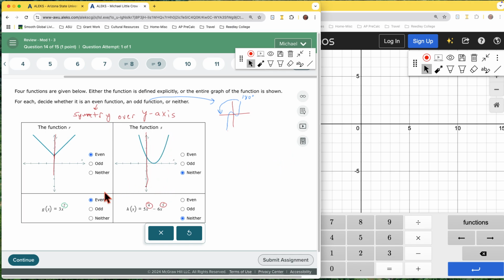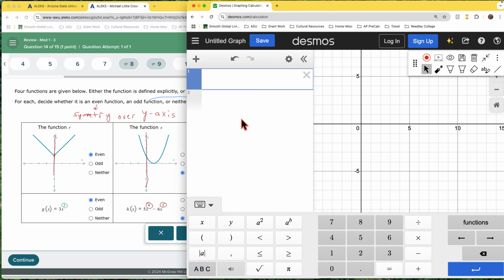Now, the nice part is when you have a function, you could actually verify this by graphing it. So we'll do, let's see if it'll do g of x equals 3x squared. And what I did for the exponent is I used the shifted 6, the little caret, that little chevron above it.